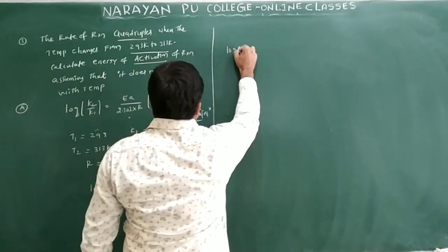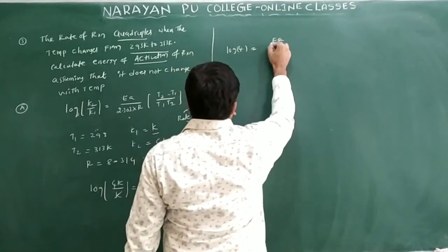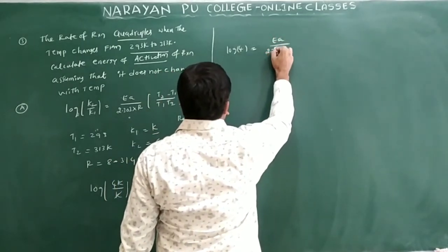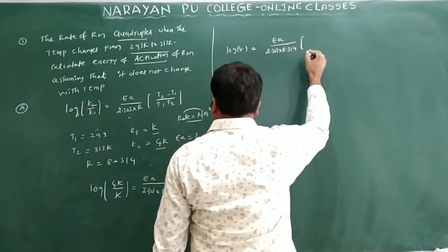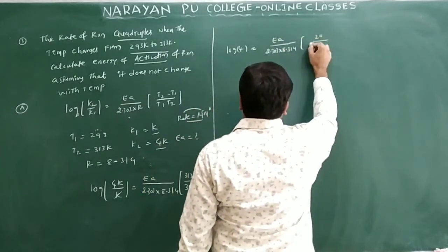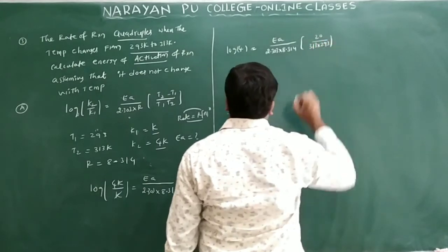So log 4 is equal to EA by 2.303 into 8.314, into 20 by 313 into 293.